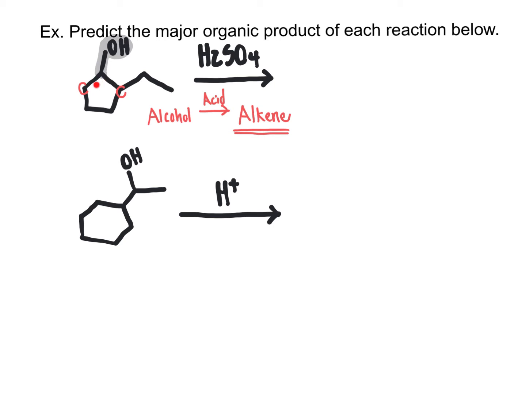So the carbon-carbon double bond will come here or it will come here, in response to removing one of the two hydrogen atoms from this side or the hydrogen atom from this side. Remember that Zaitsev's rule indicates that we want to remove the hydrogen from whatever side will result in a product that has more alkyl groups directly bonded to the alkene.